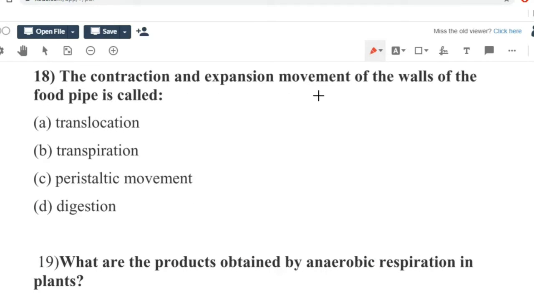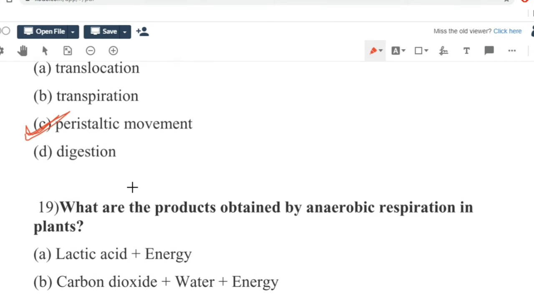The contraction and expansion movement of the walls of the food pipe is called peristaltic movement, right? So peristalsis is the rhythmic contraction and expansion of the walls of the food pipe.